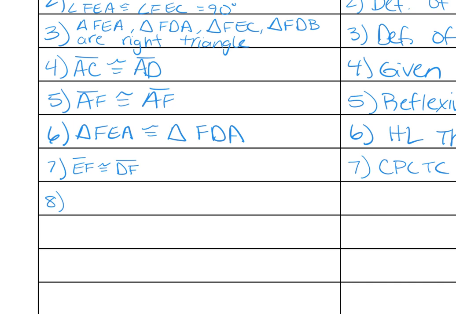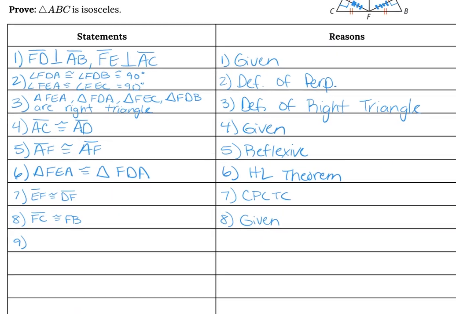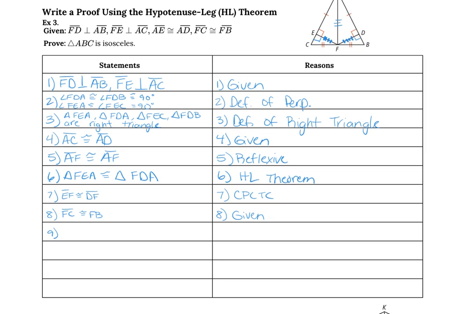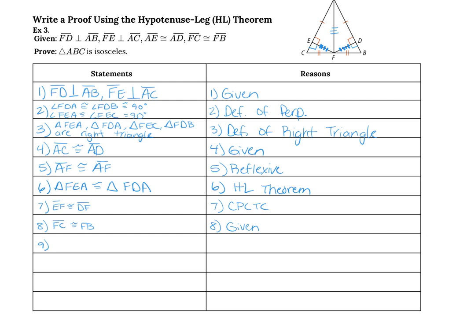We have another given, so we were given that FC is congruent to FB. I can prove my bottom triangles now using hypotenuse leg again. So I have my hypotenuse side that are congruent.